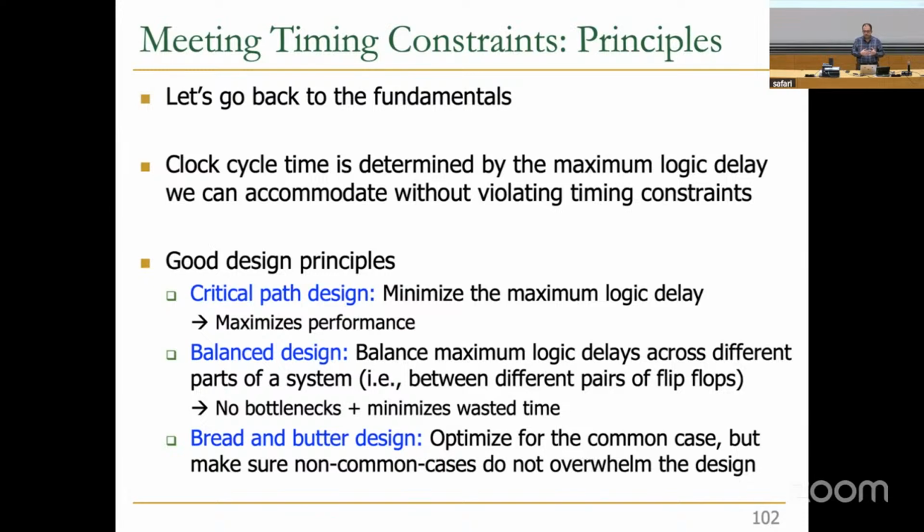But for example, there may be some input patterns that you know are very likely to happen, and some input patterns that don't appear much, or may not appear at all. If you know that information, you can optimize your design for the input vectors that are very likely to happen. That can provide better overall performance. That's why we say we are optimizing for the common case. But we should also make sure that those non-common cases do not overwhelm the design as well.